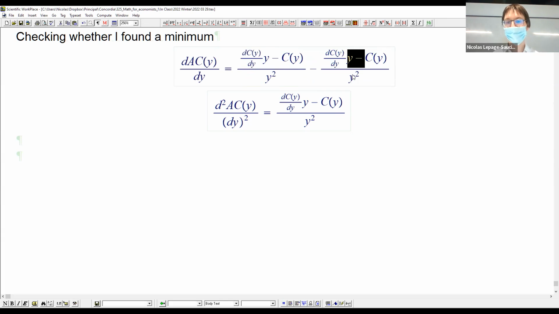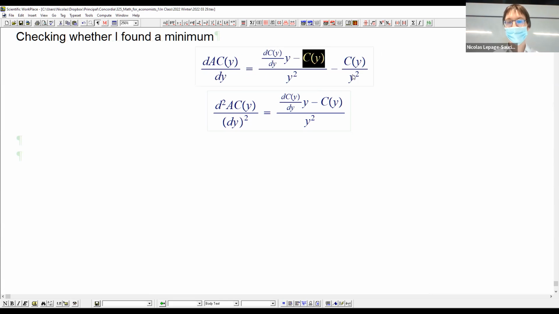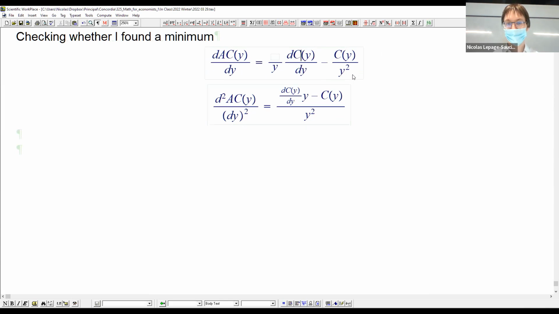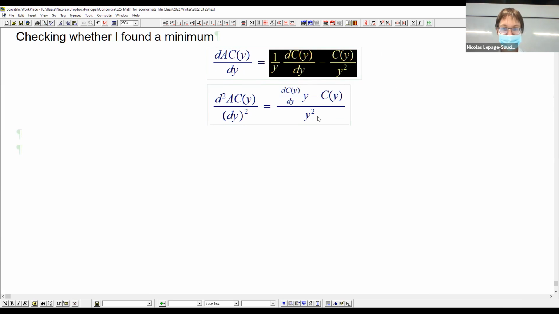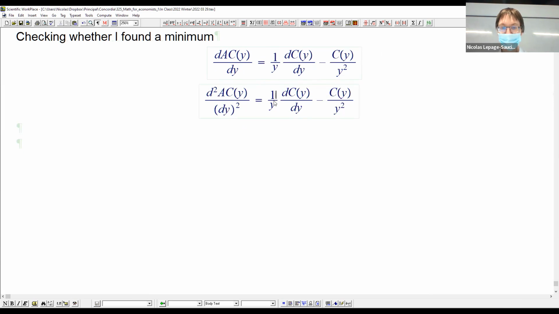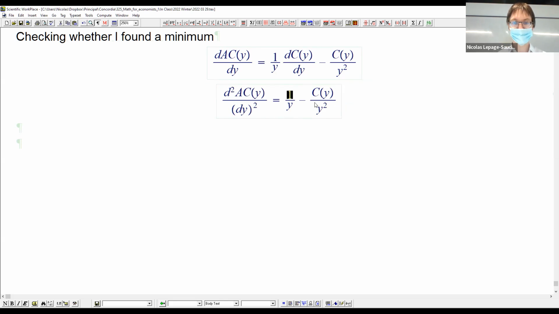It's always better to divide and conquer. We know that if it's a sum, the derivative of a sum is the sum of the derivatives. So let's go ahead and derive this. Here that's a product, and here that's a quotient. Or actually, it's two quotients.